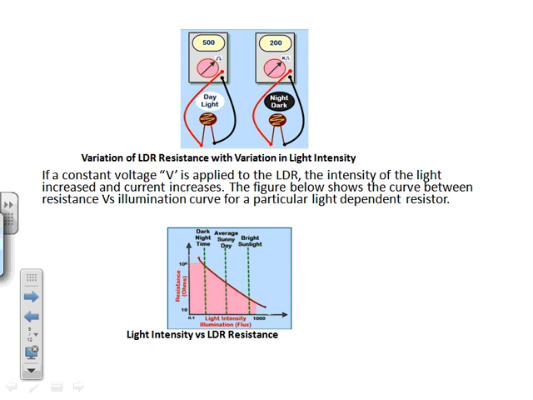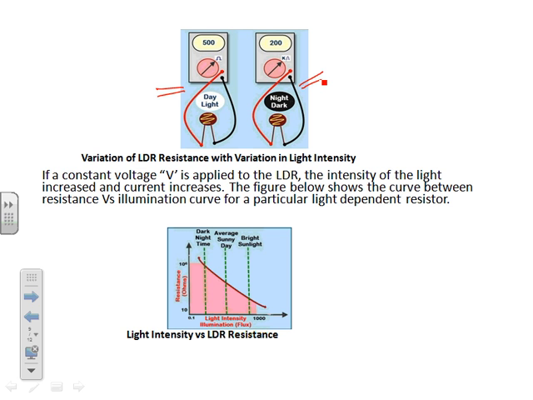Here we see the variation of LDR resistance with the variation in light intensity. That means in daylight, the resistance of the LDR is in ohms, and at night the resistance will be in kilo ohms.